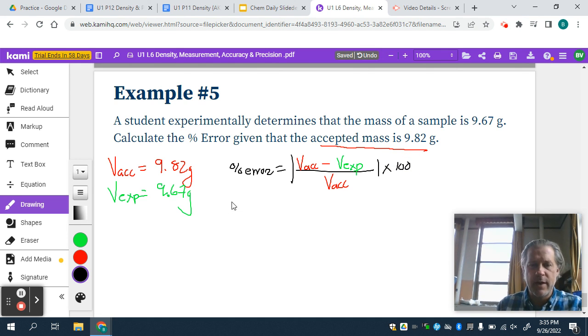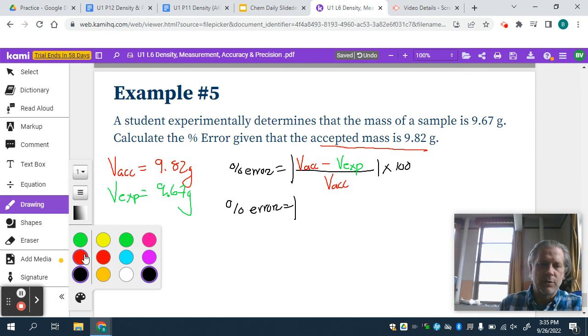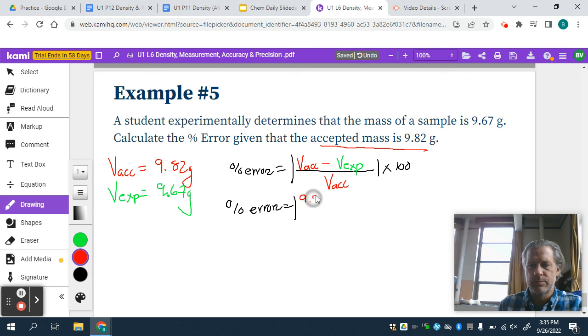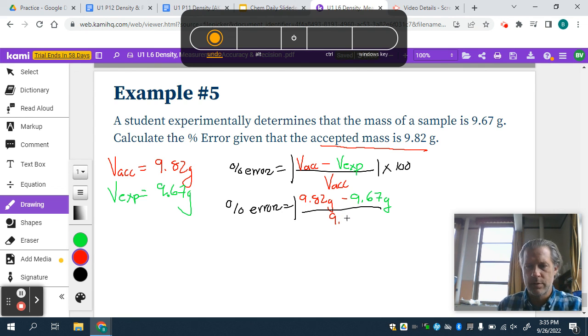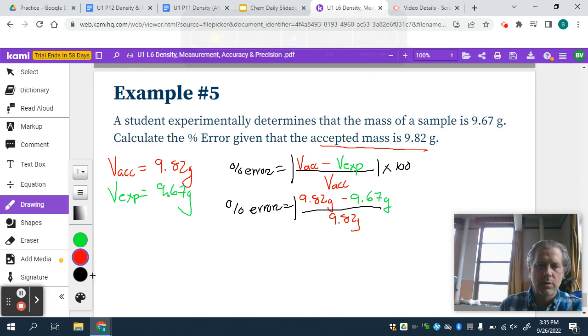So when I plug in my values, percent error is equal to 9.82 minus 9.67 over 9.82 grams, times 100. So I'm going to do a little bit of subtracting here. I'm going to take 9.82 minus 9.67, and I get 0.15.